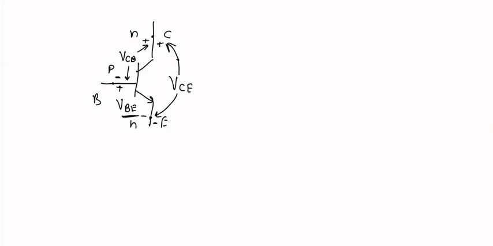Now we will see the operating regions of transistor BJT. BJT is operated in 4 different operating regions depending on the biasing of emitter junction and collector junction. First operating region is active region.